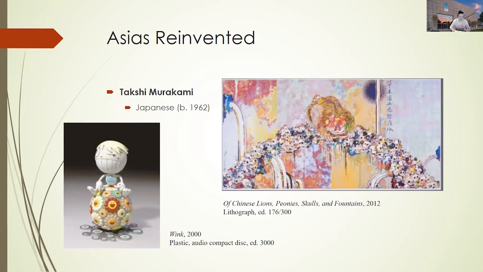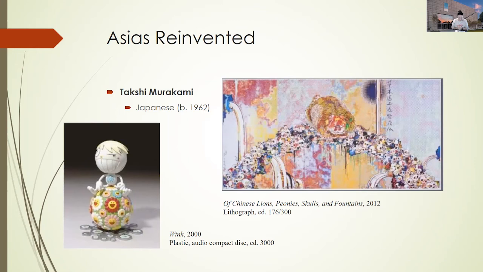So the character on the bottom left is called Wink, and you might not think of it at first, but it's almost like a Buddha-like figure sitting on a little throne of flowers. But he also plays music, and I don't know for sure if we will have the music hooked up in the gallery on headphones. We might. I'll have to double check that.